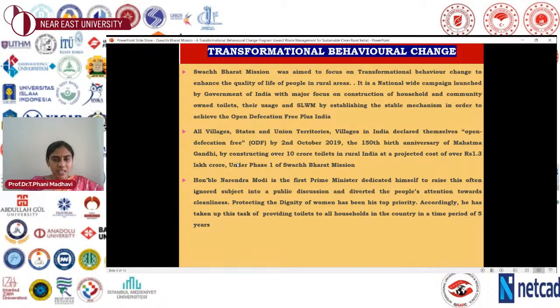So he fixed a time-bound goal of 5 years. He started by involving himself in the construction of toilets in rural areas, and he is the person who initiated the Swachh Bharat Mission to completely achieve cleanliness and to make India a clean India.